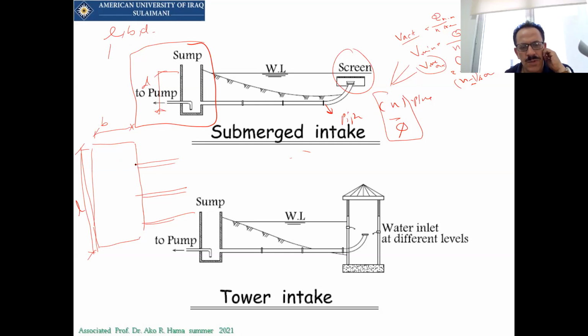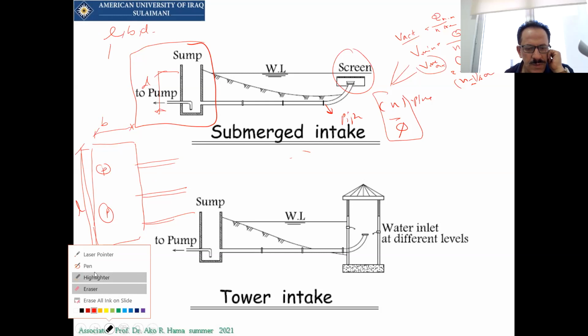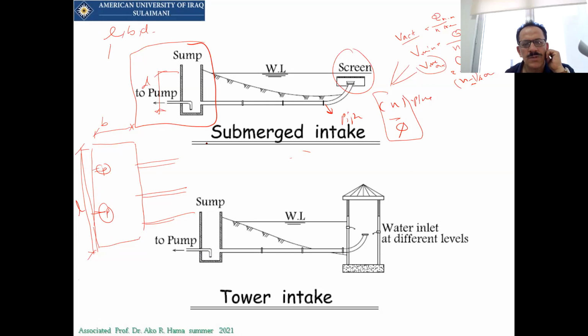The length depends on the pumps that we have here. For example, we have a pump here and a pump here. If I am using two pumps, this pump here and one other pump here, each of them needs at least 1 to 3 meters.